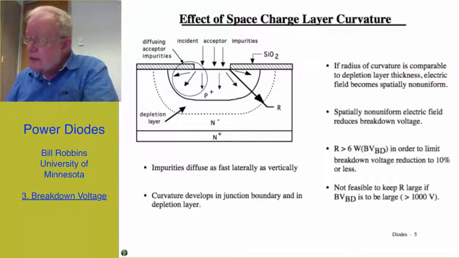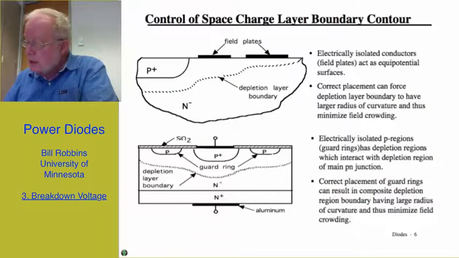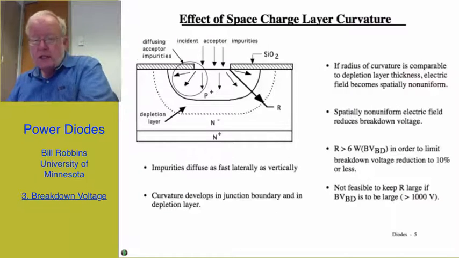the other factor that influences our breakdown voltage is any curvature that may come about in the space charge layer boundary.